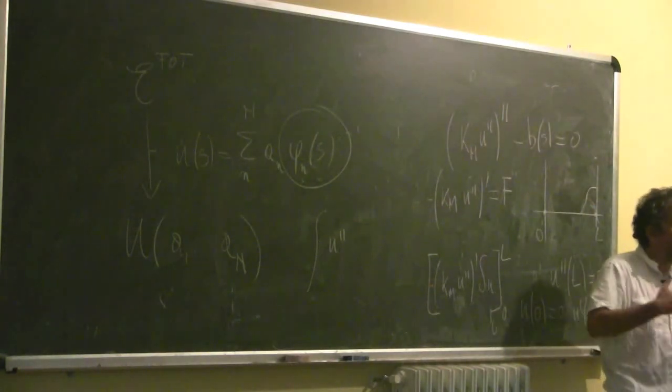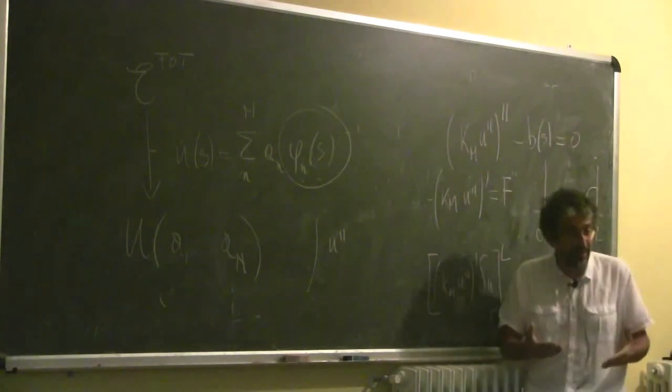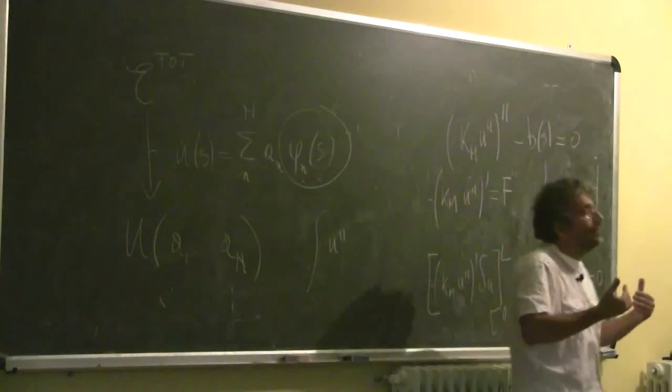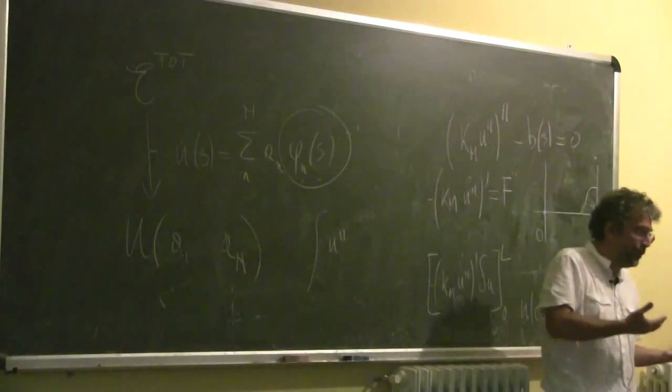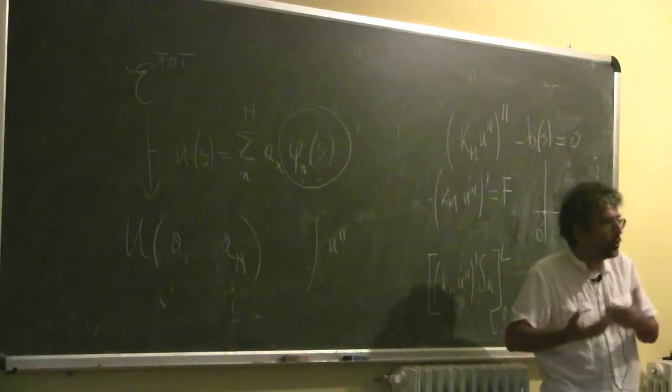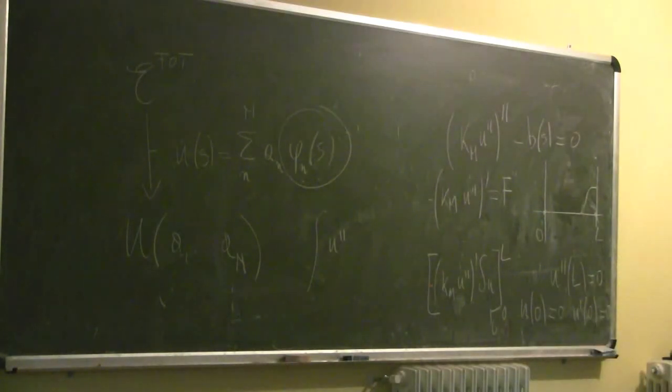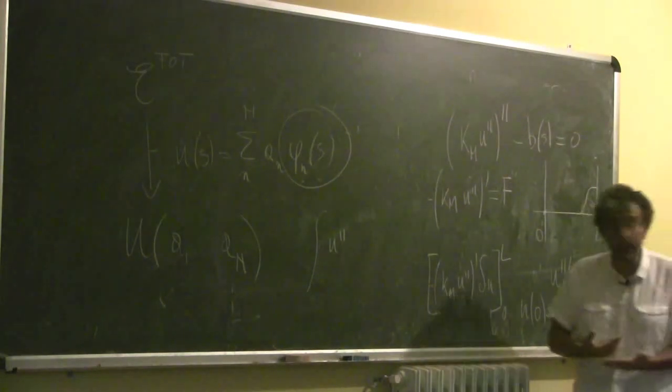The idea is to prove that everything can be found by minimizing something. More difficult, I don't know if we have time, for sure for master students we will do it. We will show you that also dissipative phenomena can be described using minimization principles. Okay?